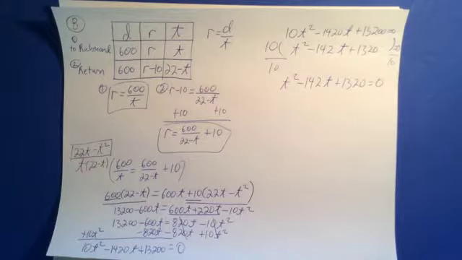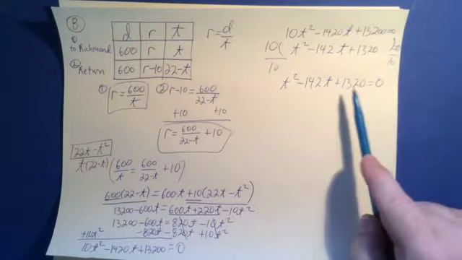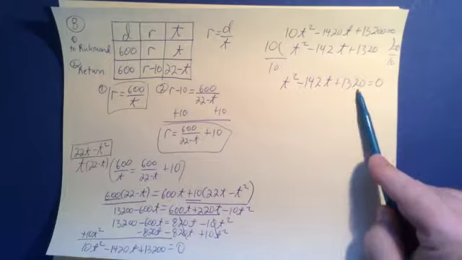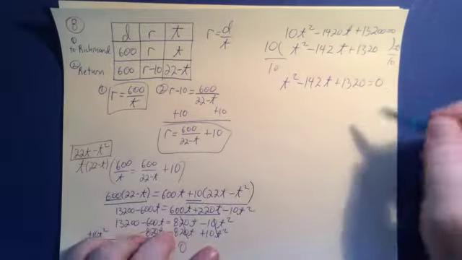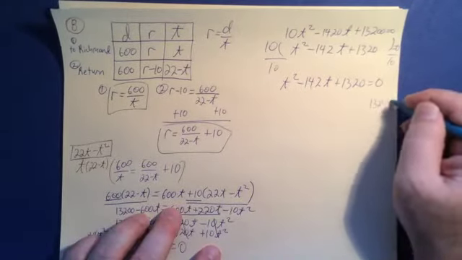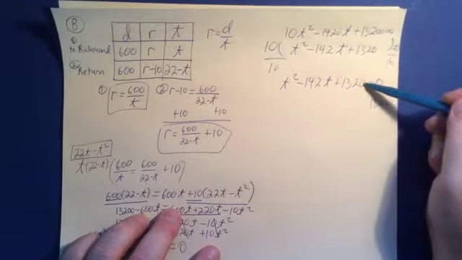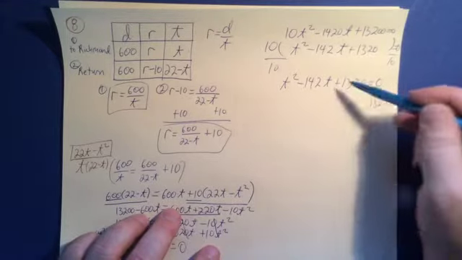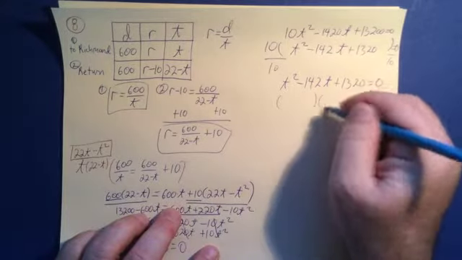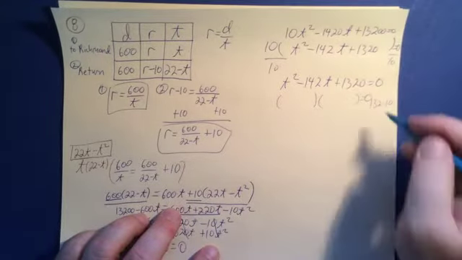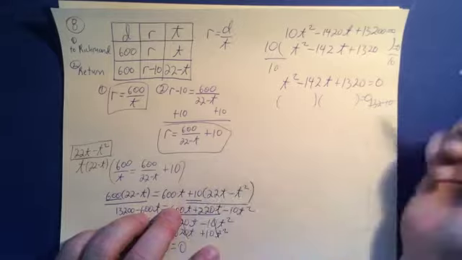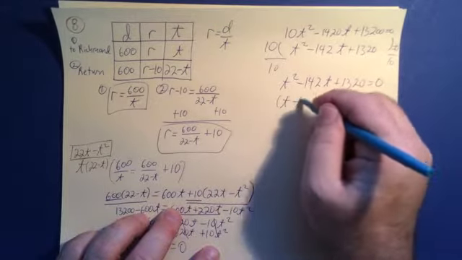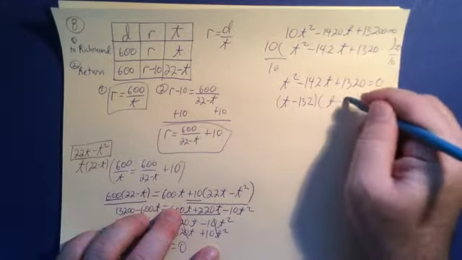So we're looking for two numbers that multiply to 1320. The first ones that seem to jump to my mind are 132 times 10. I know that 10 is going to divide this, and just as it turns out, 132 plus 10 is also 142. So it looks like these numbers are going to work perfectly. So this is going to be t minus 132 and t minus 10.